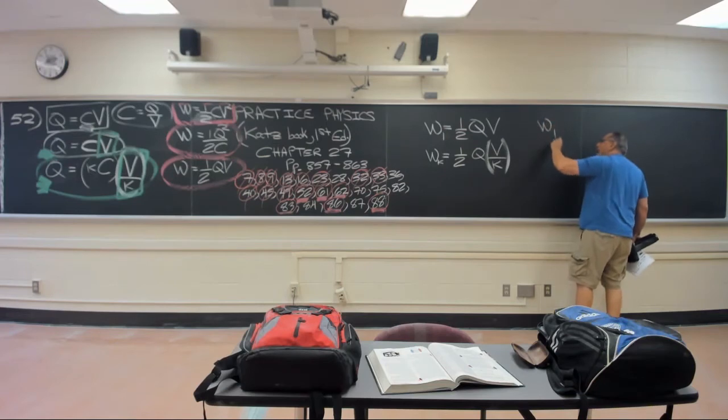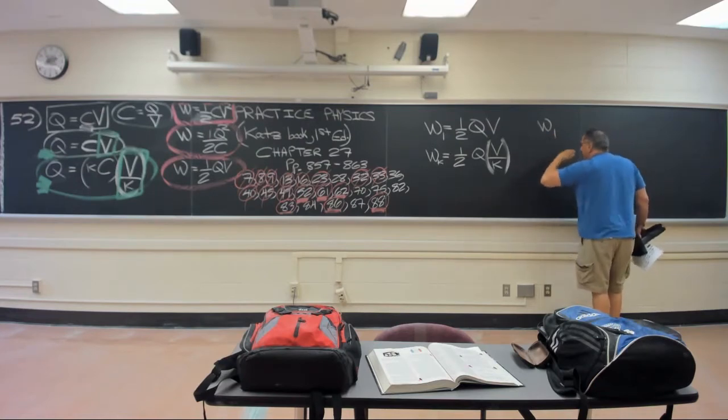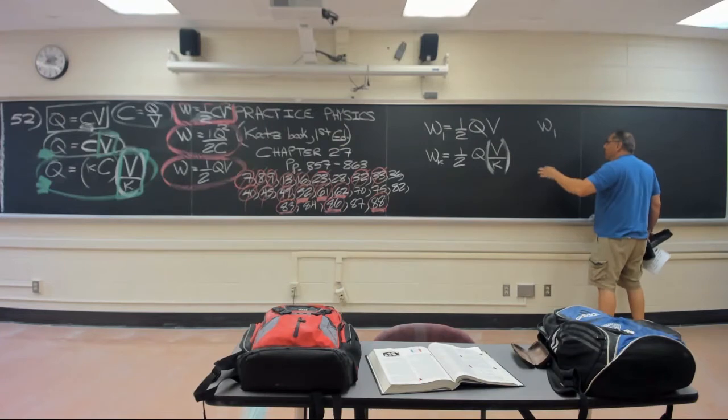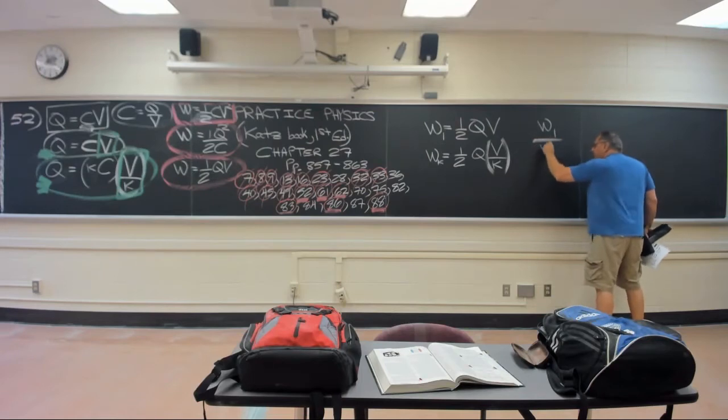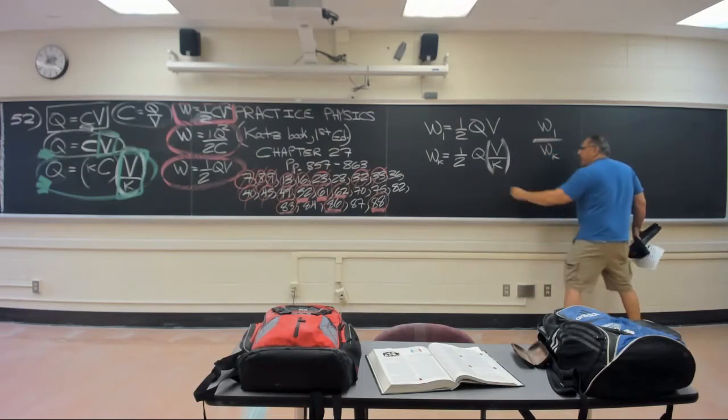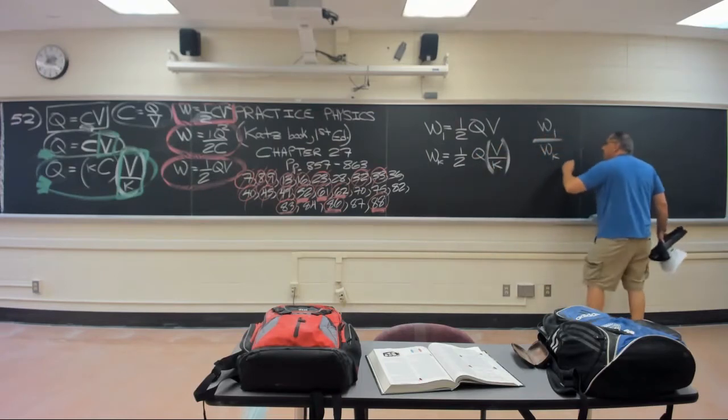The work required without a kappa, with kappa equal to 1, is 1/2 QV. With a kappa, it's 1/2 Q V over K.